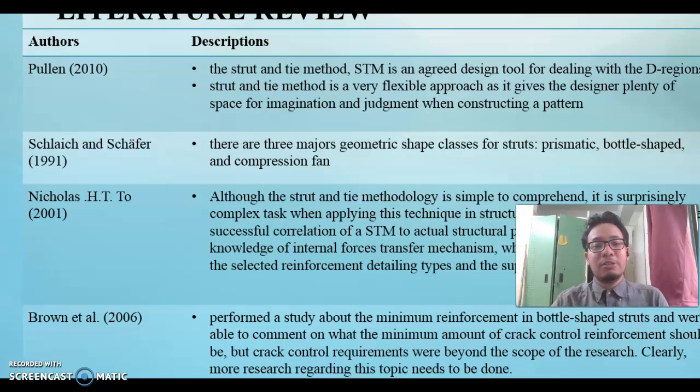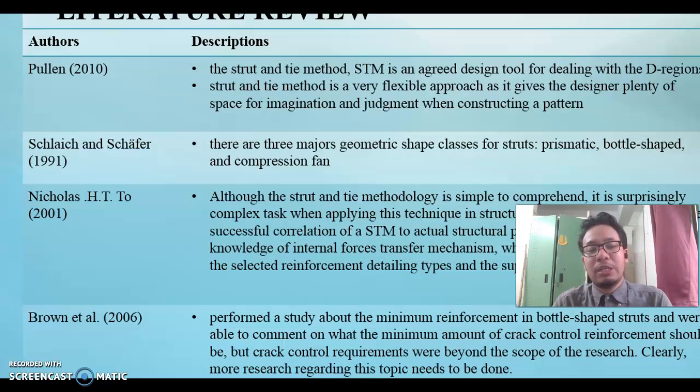He also stated that the strut and tie method is a very flexible approach as it gives the designer plenty of space for imagination and judgment when constructing a pattern. According to Schlaich, there are three major geometric shape classes for struts: first prismatic, second bottle shape, and the last one compression fan.